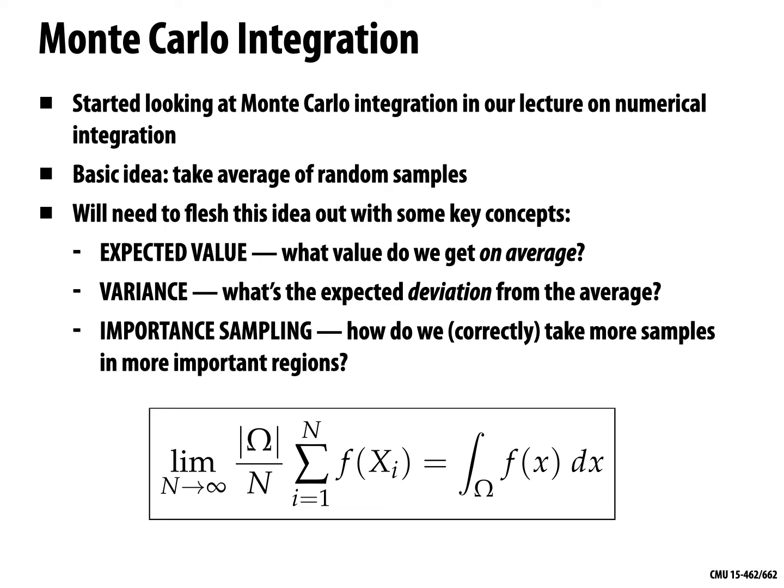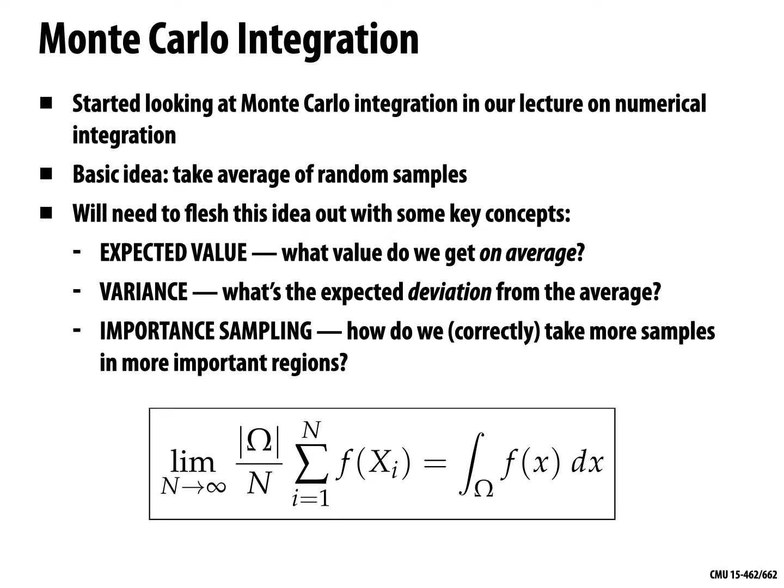On the bottom, we have the statement of our basic rule for Monte Carlo integration. It says if we're trying to get the value of the integral on the right, we want to integrate the function f over a domain omega, then what we should do is take more and more and more random samples x sub I, so just pick random points in the domain of f, grab the value of f at those points, add them up, divide by the number of samples n, and multiply by the size of the domain omega.